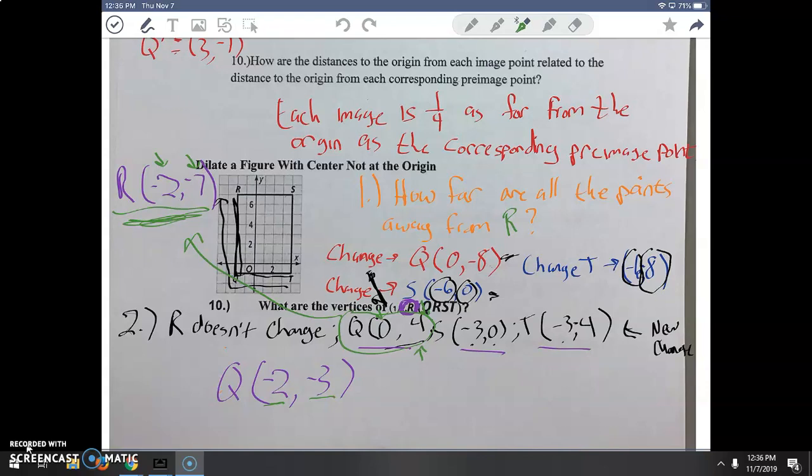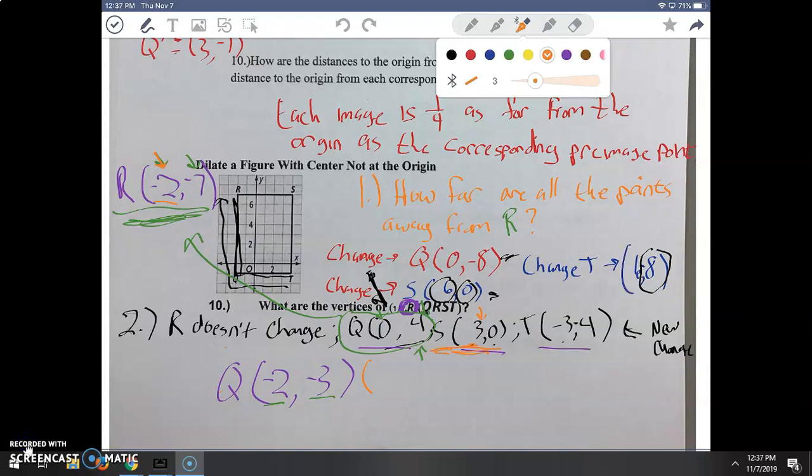Okay, so now I'm going to do the same thing with the S. Sorry, let me pause this for a second. Sorry, I made a small mistake, and I can't go back and re-edit this.